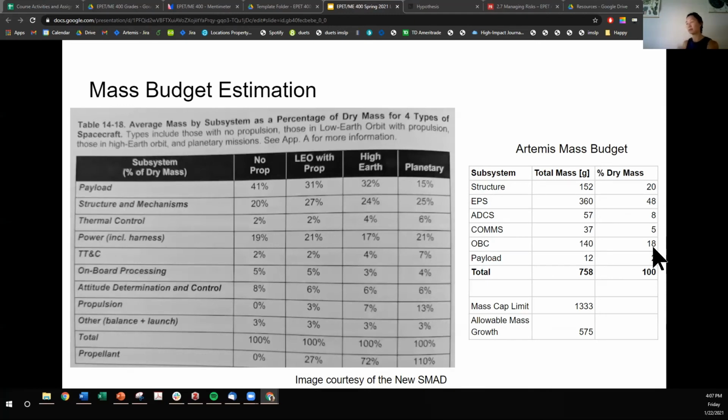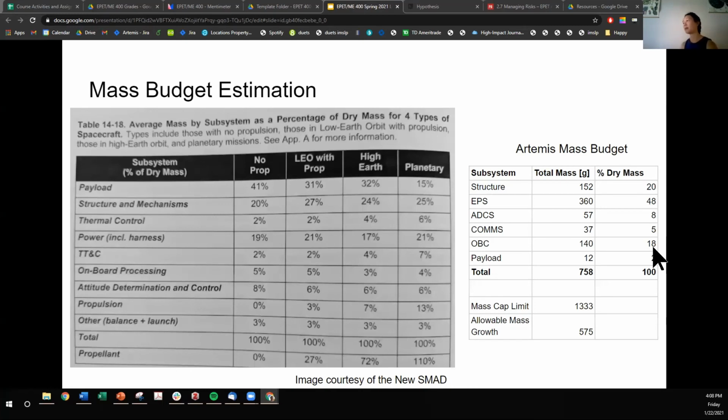In this tissue box size satellite, you still need to have an energy storage system, and batteries are mass intensive things. I mean, if you look at a Tesla car, for example, that battery is just lining the complete bottom of the car. That is the single most massive thing about the car. And you can make an analogy about that to the CubeSat. But you have to have a power system, so you have to include it.